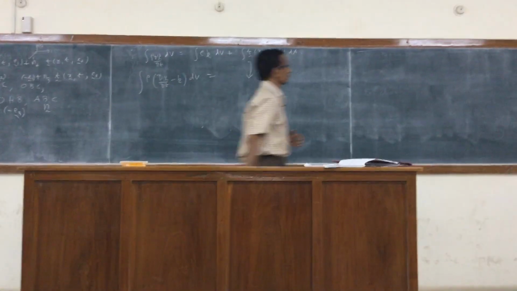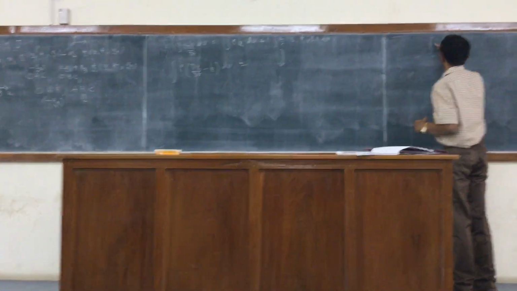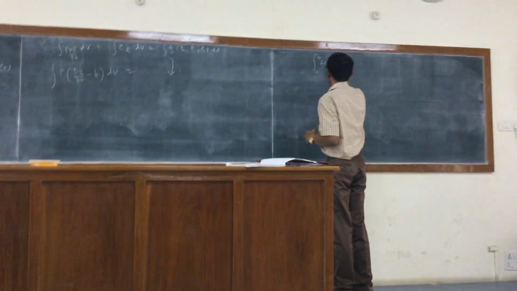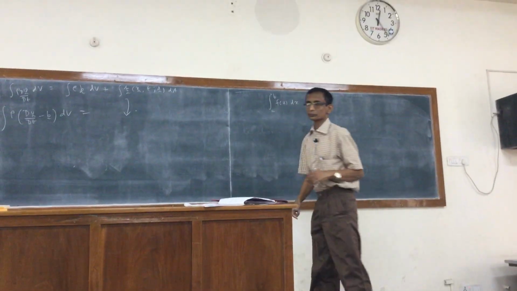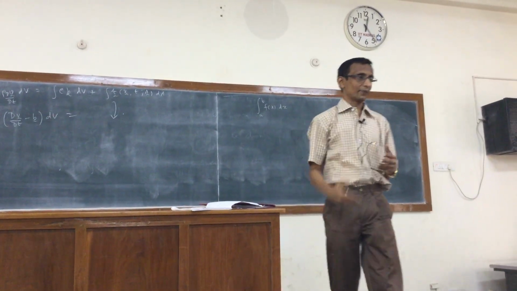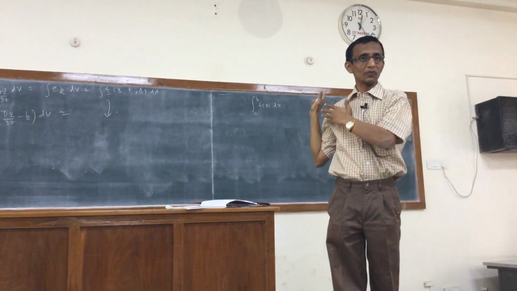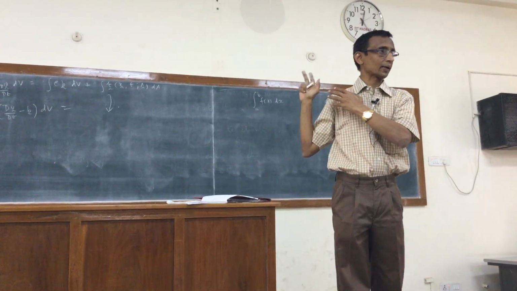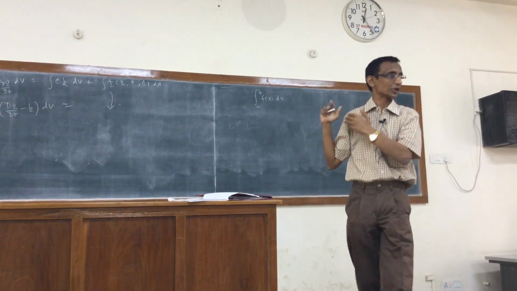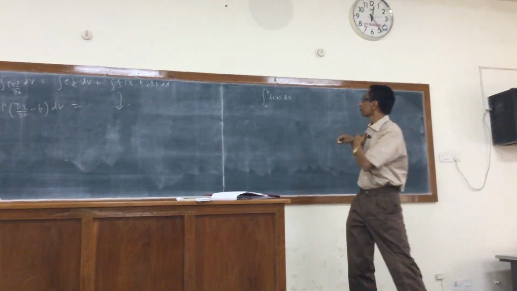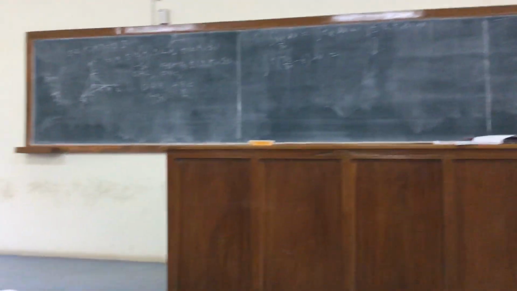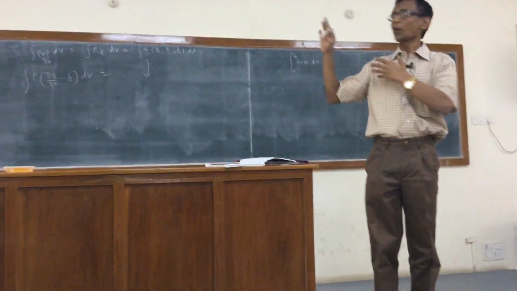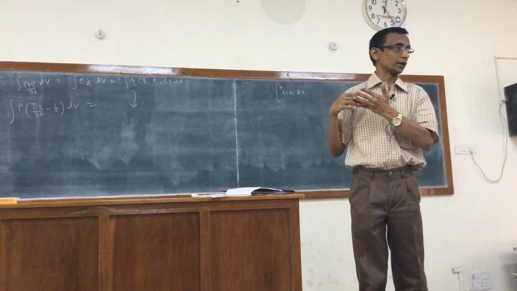So what the mean value theorem is, suppose I have an integral like this, very simple integral, moving away from that, and looking at a simple case in integral calculus, the integral of a function from a to b. So now we are going to argue, the basis of this argument is that all these integrals are bounded.